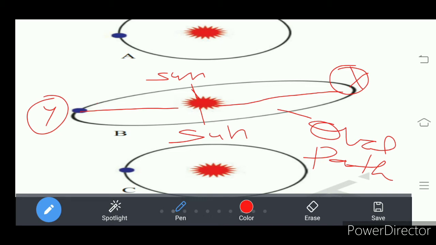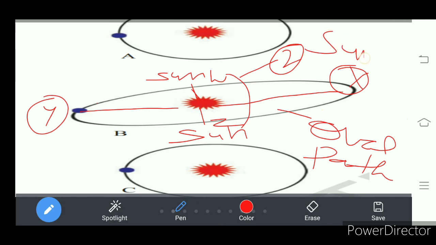In another two times, this is the position Z and this is the position W, which comes near to the sun. So as the Earth comes near to the sun, that should be summer season, very hot. When it comes near to the sun, it is very hot. So that two times we should get summer. Understand?